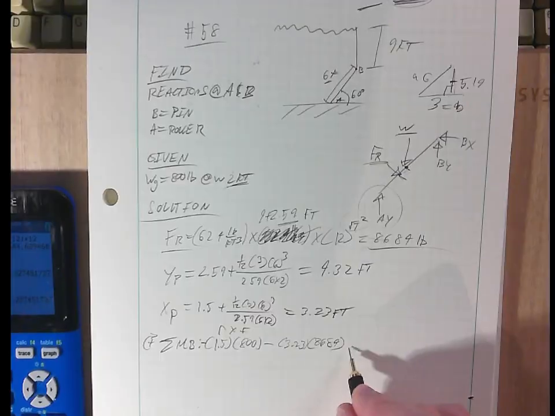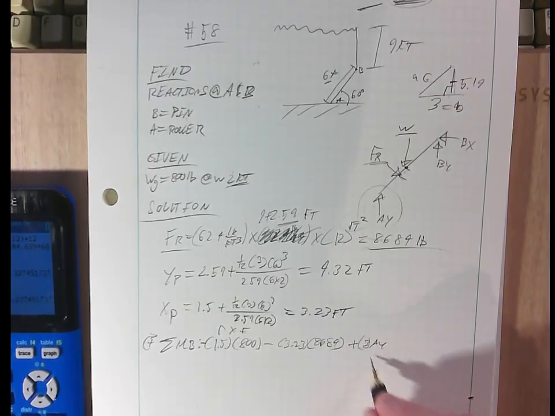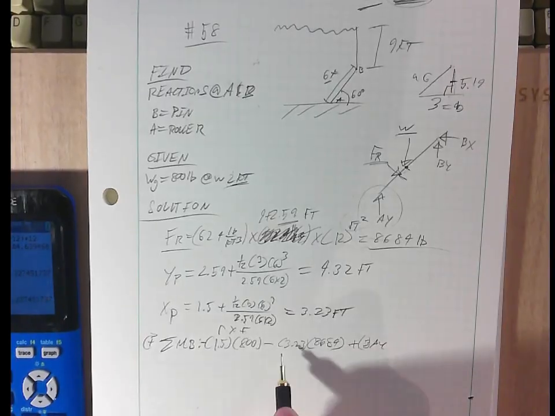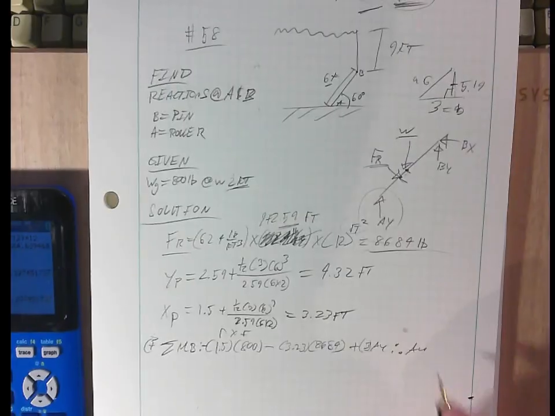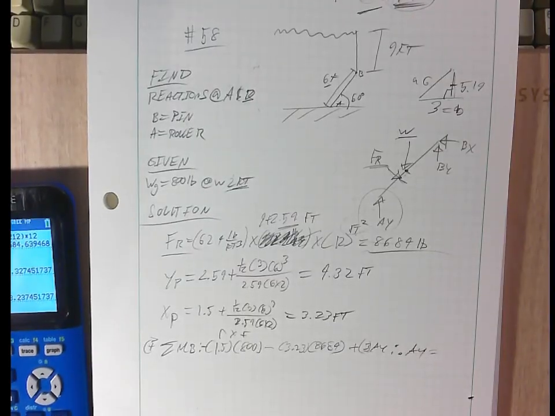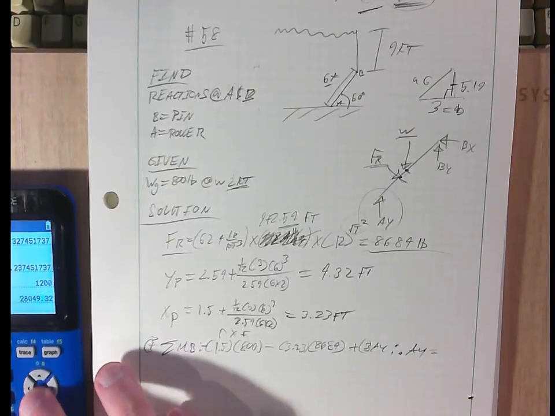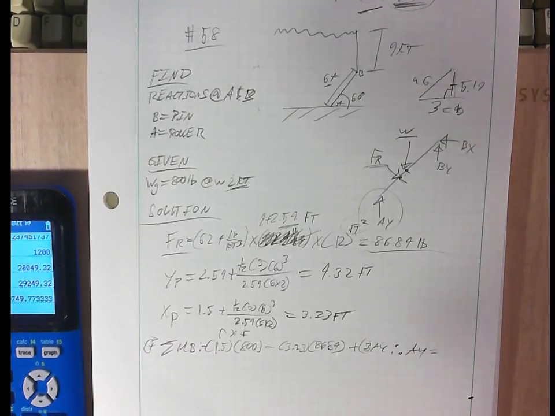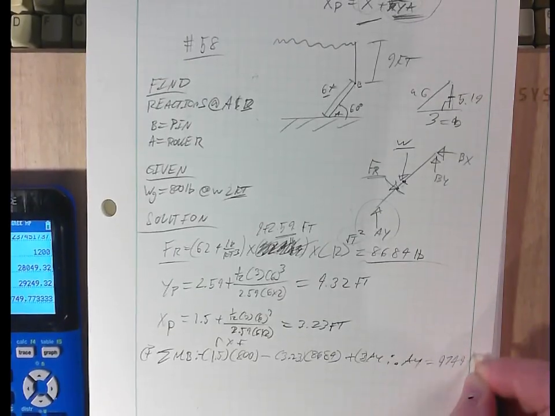And this is going to equal, so this is going to be plus 3 AY. So if we make this positive and then divide this by 3, our AY should equal 1.5 times 800, 3.23 times 8684. Add these together, divide them by 3. AY is going to equal 9749 pound.